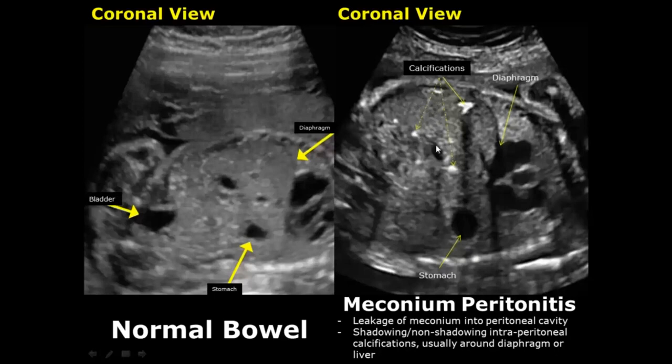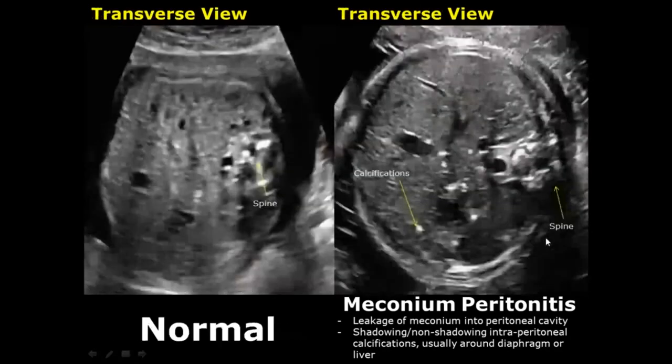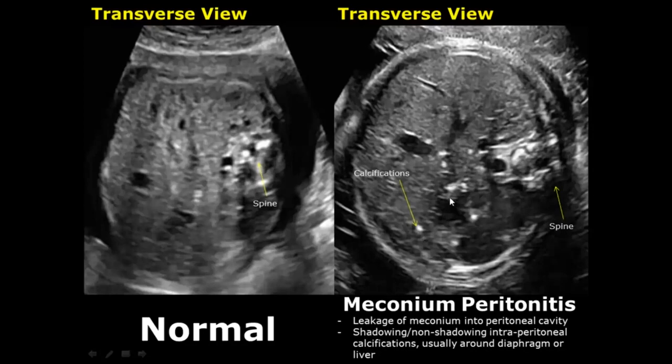Now these calcifications are usually found around the liver or around the diaphragm. Here we have a transverse view of meconium peritonitis showing calcifications. Now these calcifications can be shadowing or non-shadowing.